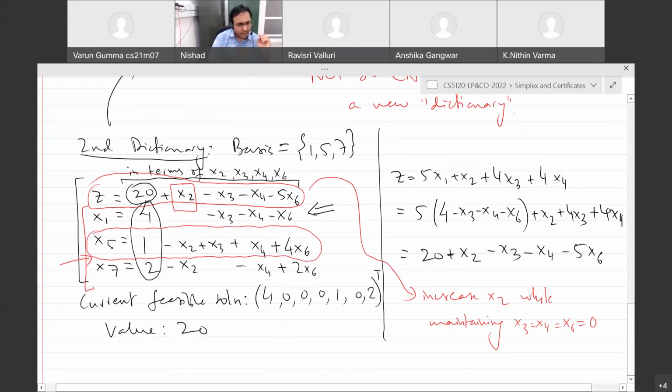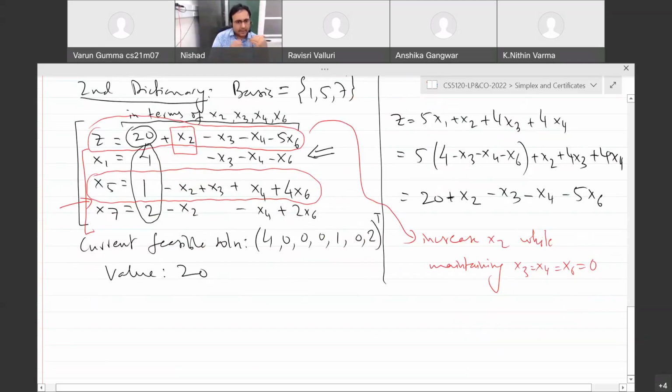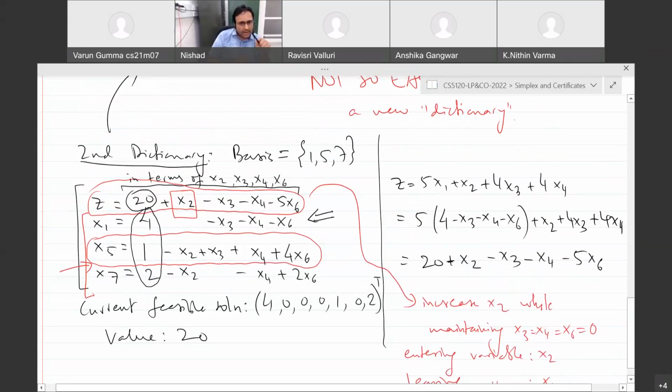Right? Okay. So can anyone tell me what is the entering variable and what is the leaving variable? Leaving is 5, sir. Entering should be 2. Exactly. Entering variable is X2, leaving variable is X5, and our new basis is going to be 1, 2, and 7.